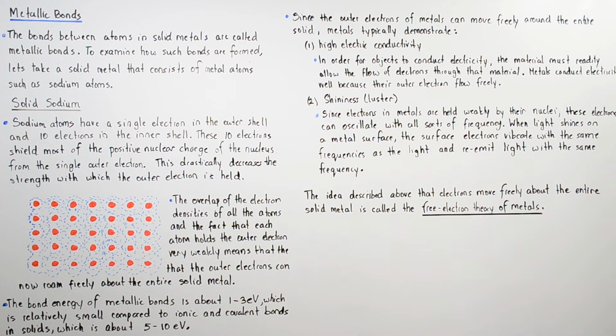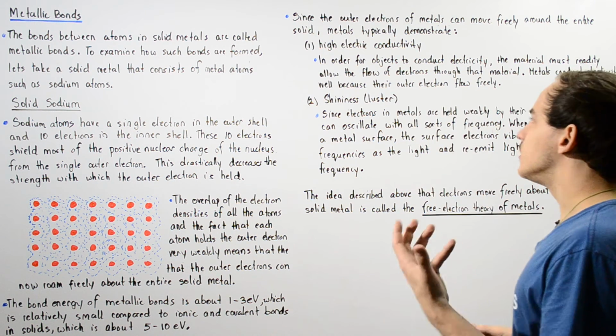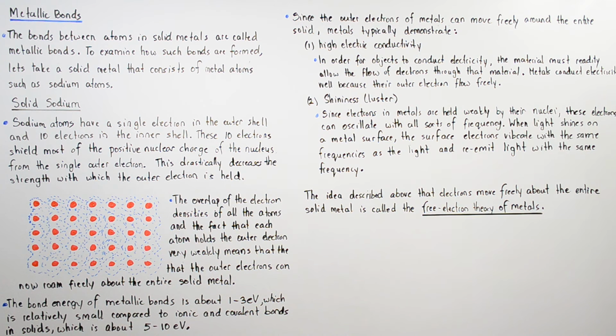Now let's examine shininess. Why exactly do metals have luster? Well, since electrons in metals are held by weak electrostatic forces by their nuclei, these electrons can oscillate with all sorts of frequency values.